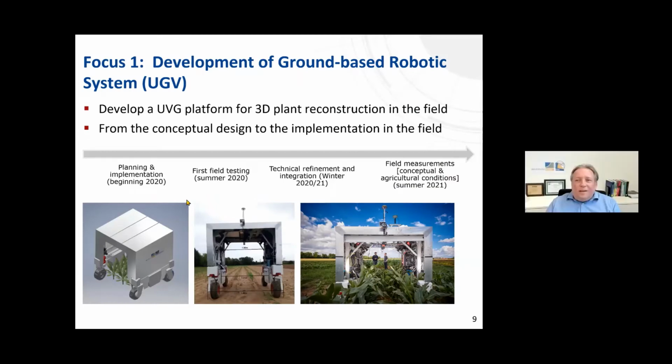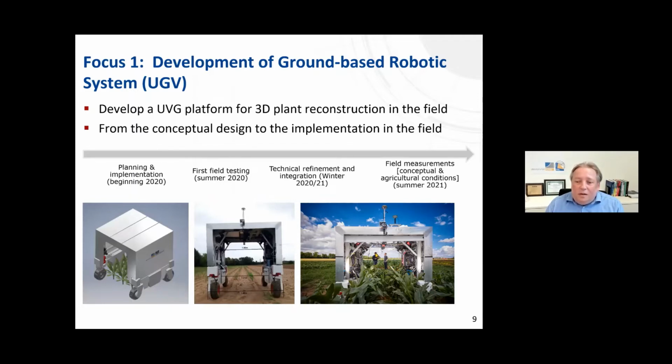So I hope that worked. And here you see the ground robot that was developed for CP1 from the initial planning stages over the first iteration, the iteration that was used last year for measuring in the field, but this is not really the end of the story.